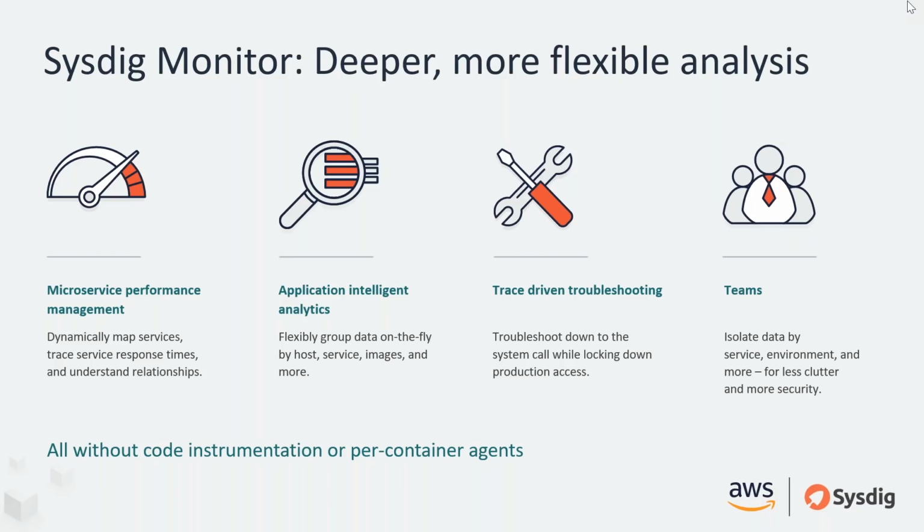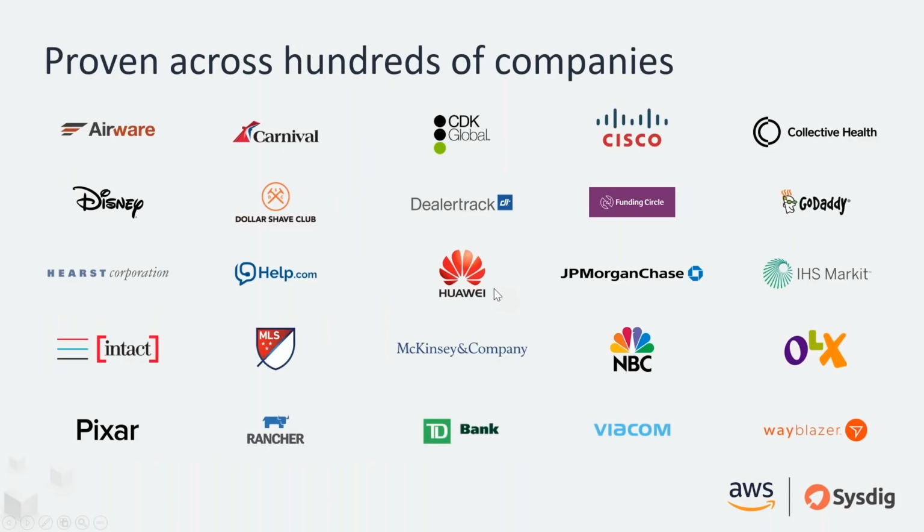On the monitoring side, remember it's that single instrumentation. I'm actually going to do a live install later to show you different ways to get visibility on the host. But it involves dynamically mapping your services, so you can abstract away your hosts and containers and just see how that ECS load balancer is communicating with your different backend services that could be on RDS or Dynamo or any of those other things.